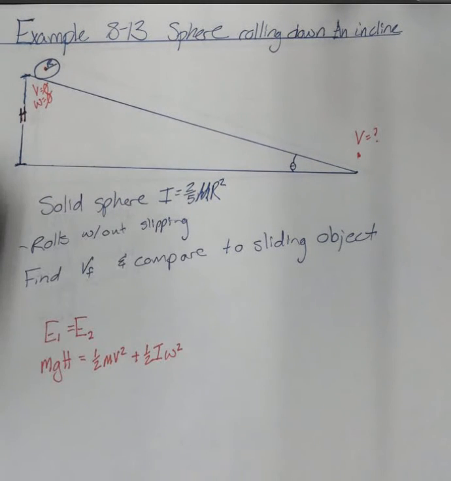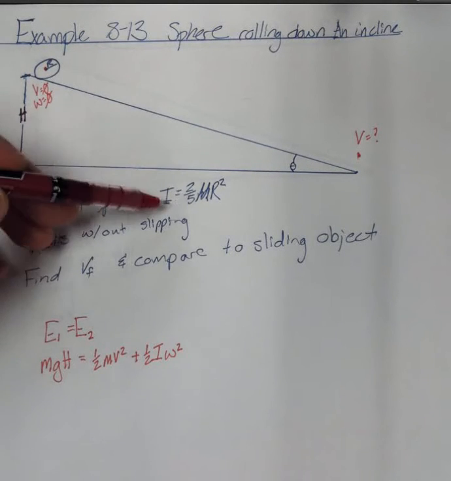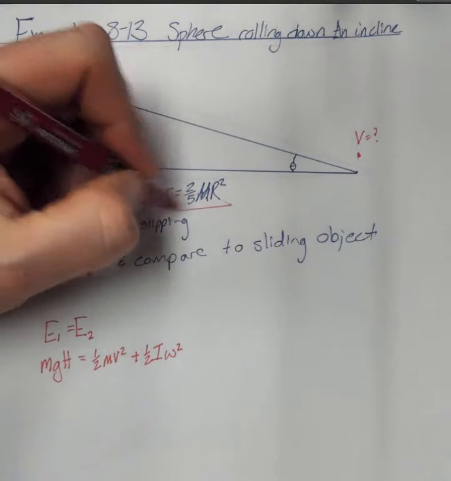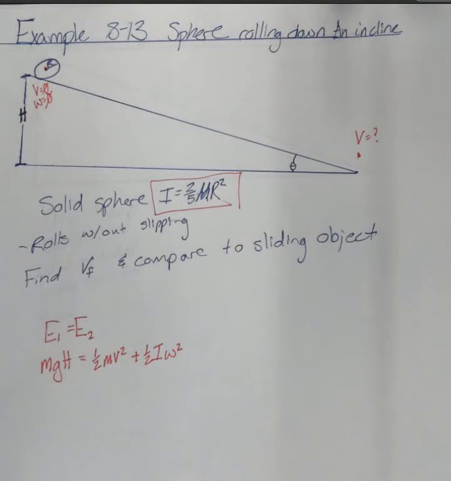And so we're going to have to be able to find both of those values. A couple of things to know is we're not going to be calculating the moment of inertia. It is a solid sphere, so our moment of inertia is given as 2/5 mr squared.